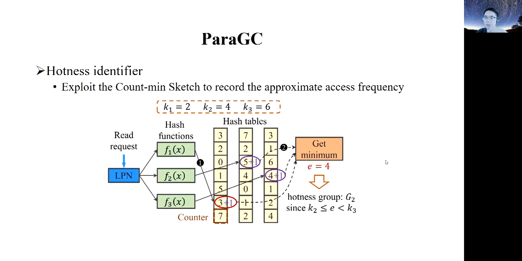It then uses the smallest value of the 3 counters to estimate its access frequency. In addition, in order to avoid the constant accumulation of counter values and downgrade the impact of historical access, we decay all counter values by half after performing a certain number of read requests.